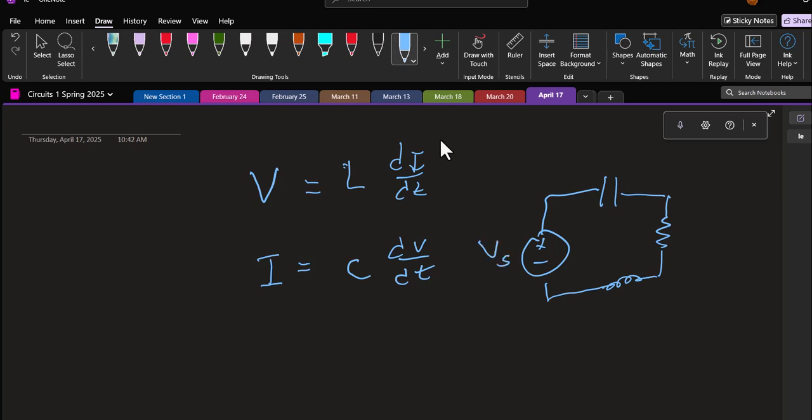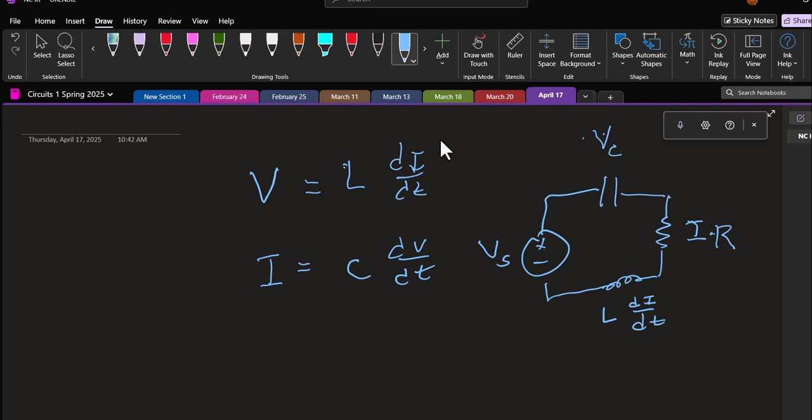The voltage across the capacitor, right now I'll call it VC. And then the voltage across the resistor would be I times R. And the voltage across the inductor is L di/dt.